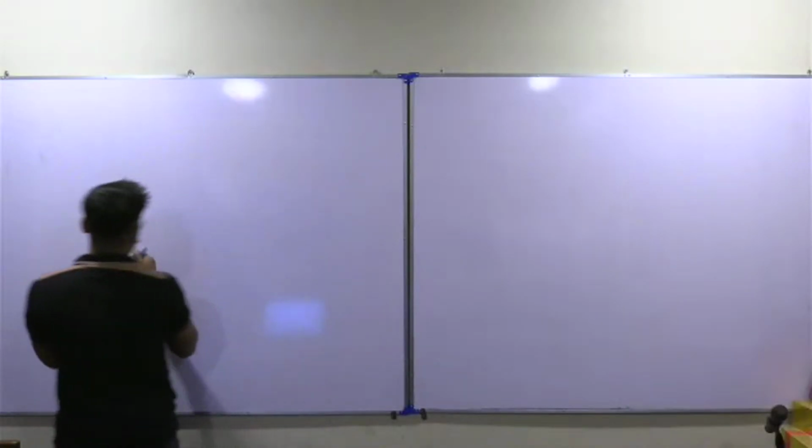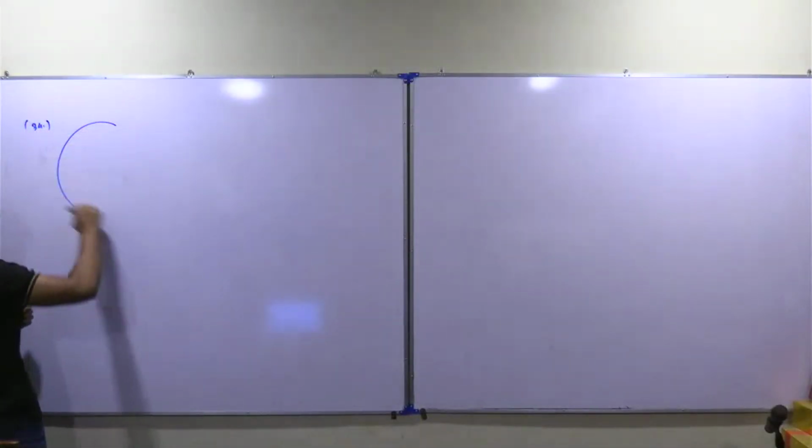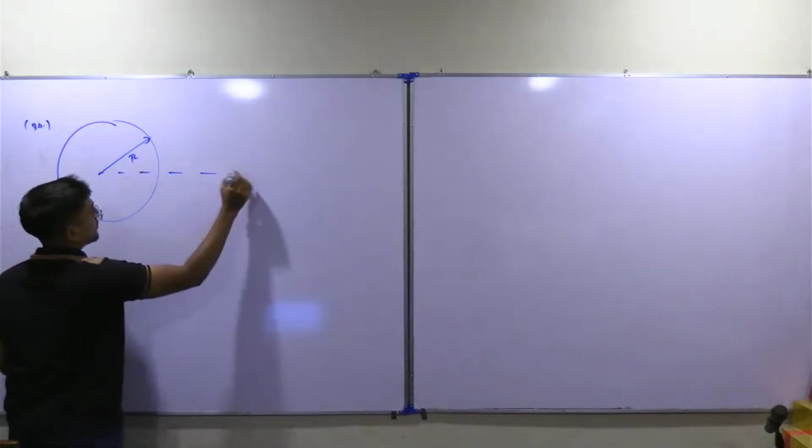34th. Now there is a sphere. The radius of the sphere is capital R. Let's consider 2 points.